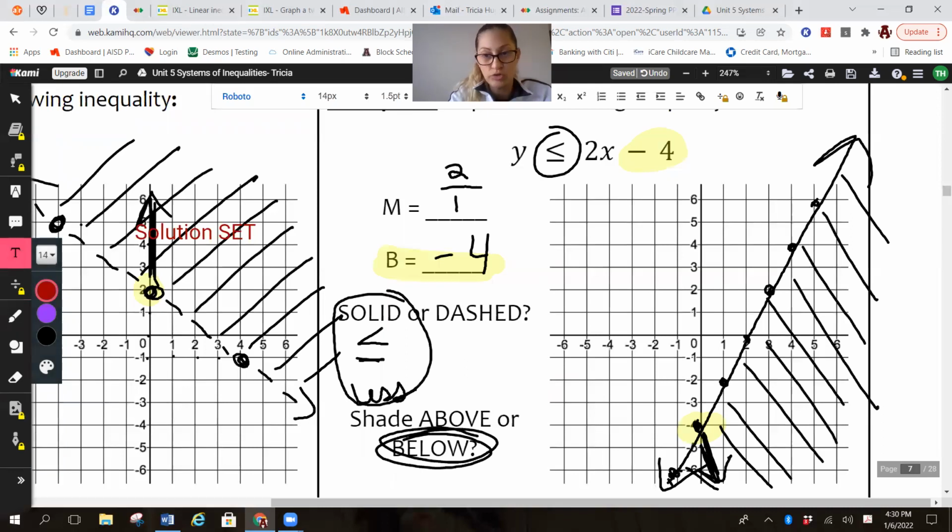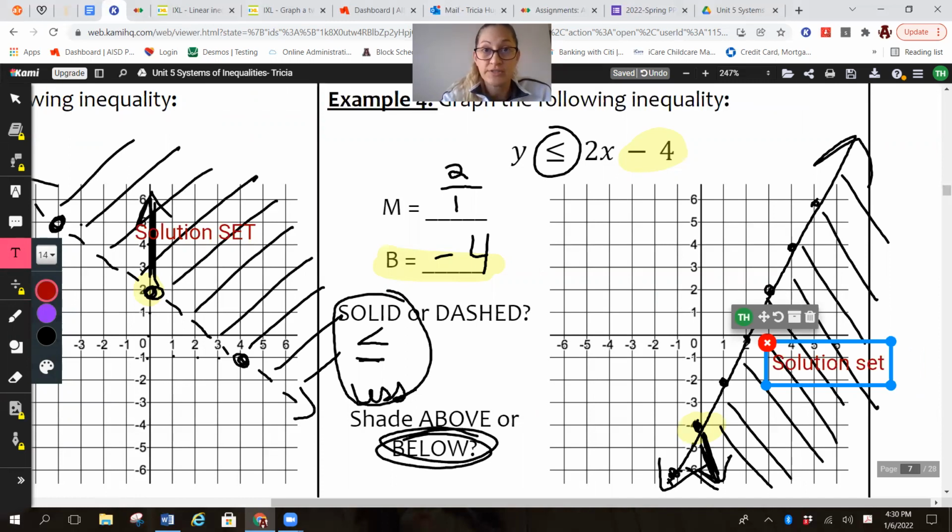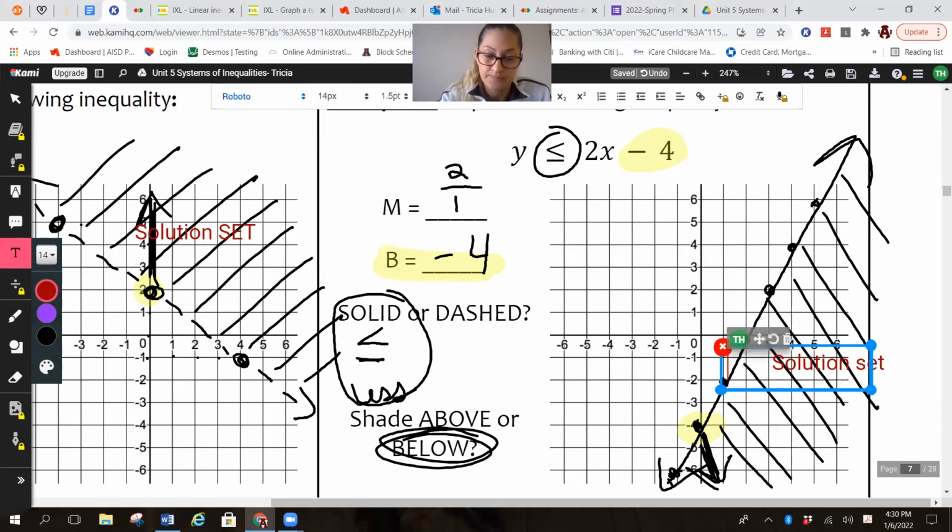So your solution set is everything where the shaded region is. It's also every point on the line.